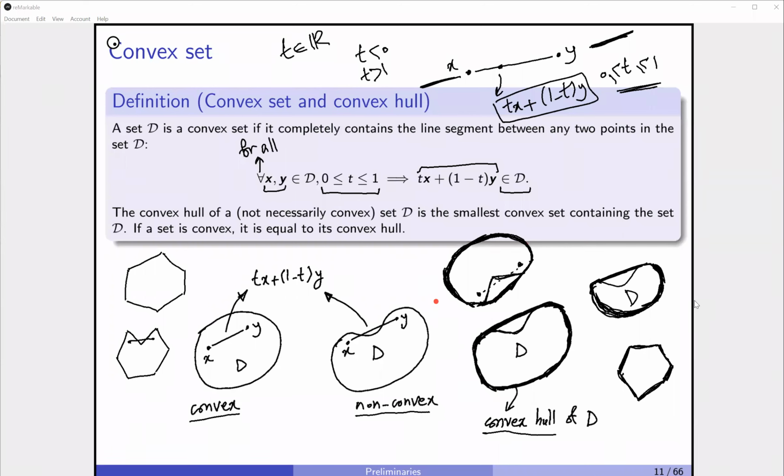The smallest balloon containing this set is the convex hull of this set. As you can see, this convex hull is convex because you can't find any 2 points within it where the line between them falls outside of the convex hull. You get it now? Yeah. So the convex hull is something which contains the set.